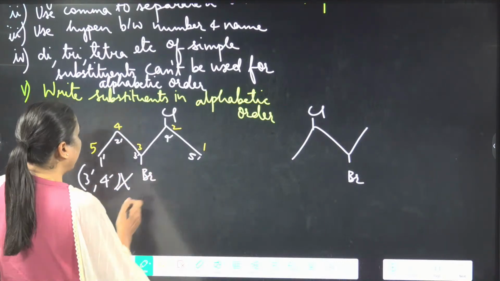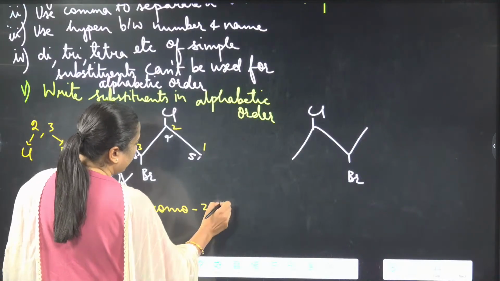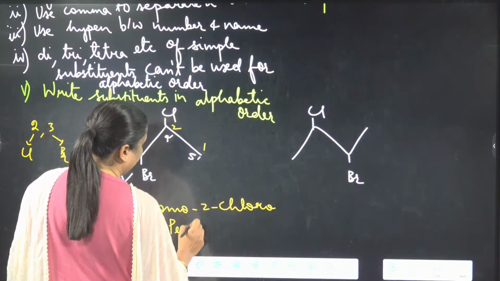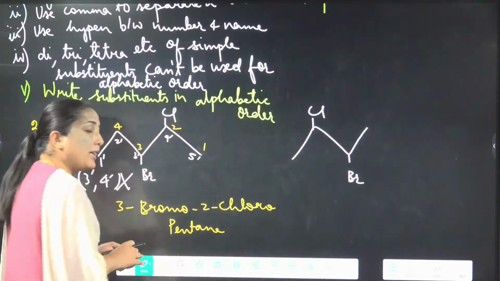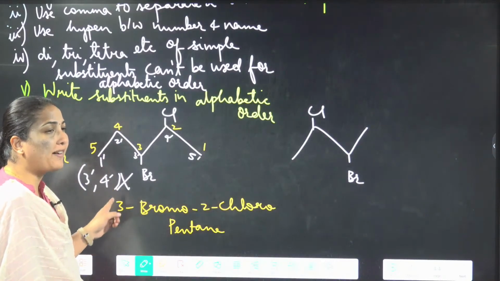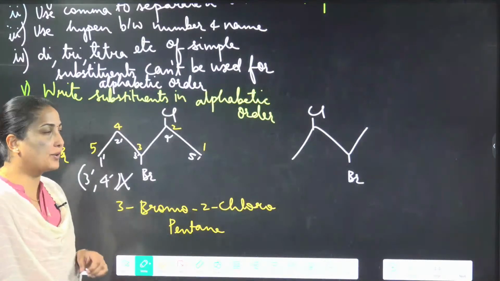So here what you are going to write down is 3-bromo-2-chloropentane. Able to realize what we are writing? The prefix: we are giving the information about the substituents. Where are they? What are they? And then word root and then the primary suffix.